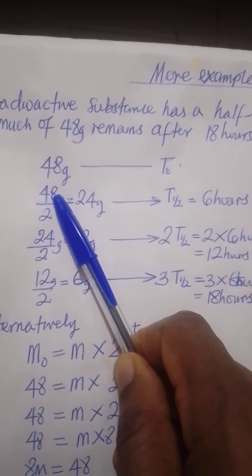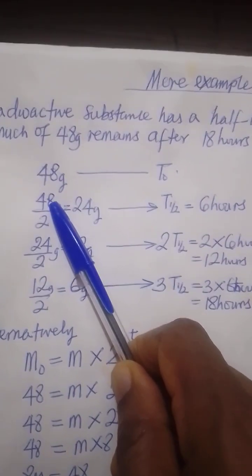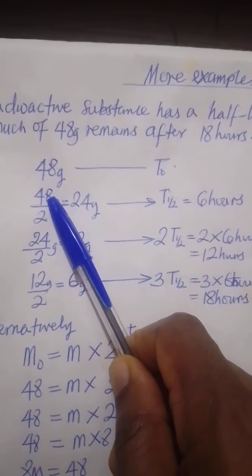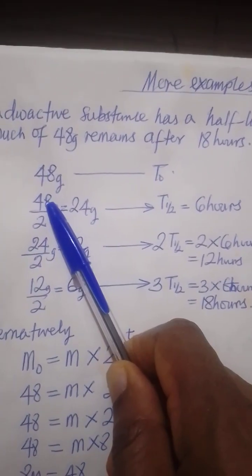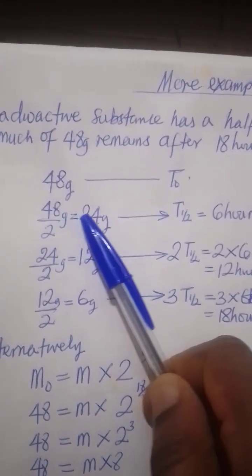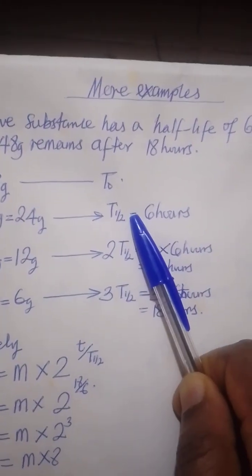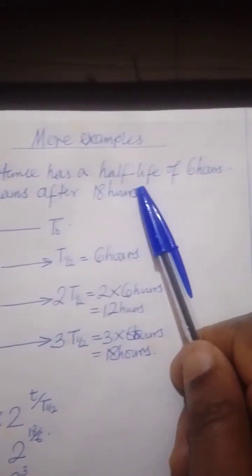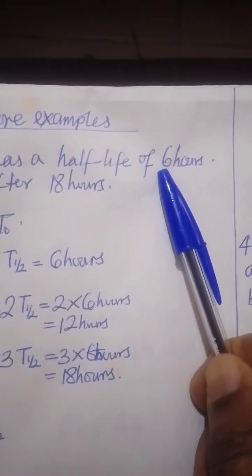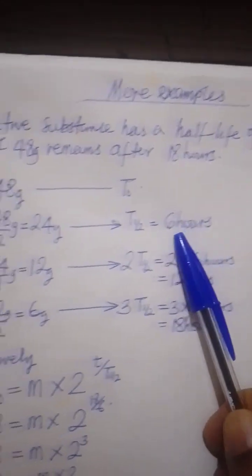Remember we said half-life is the time taken for half the substance to decay. So if we take half of this now, that will give us 24. That's the first half-life. And we're told in the question that the half-life is 6 hours. So the first half-life is 6 hours.